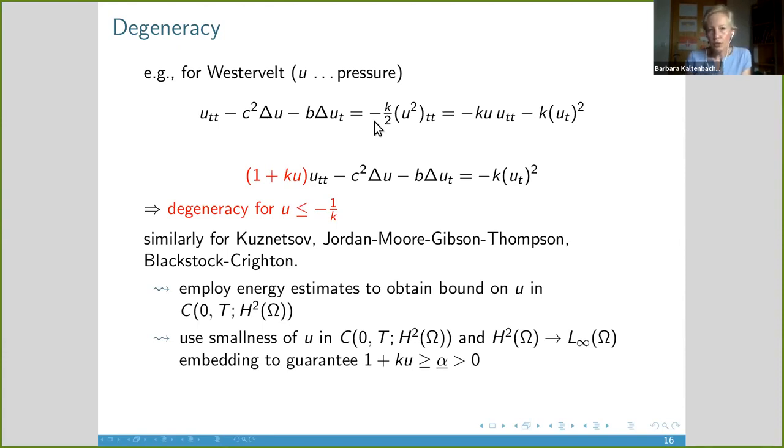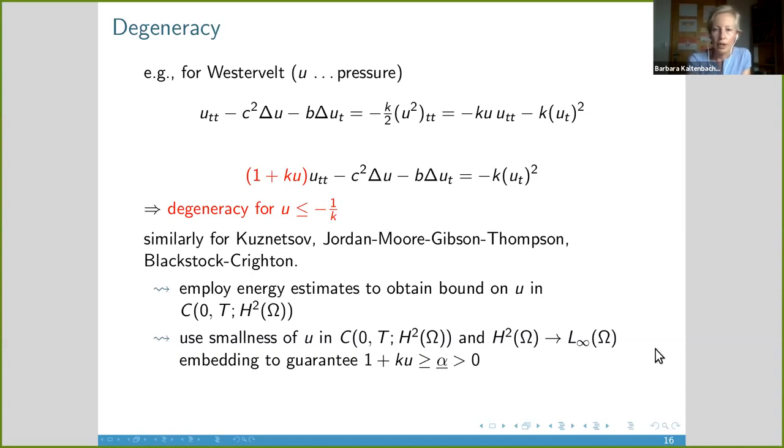So our first approach to this was to employ energy estimates using the fact that we have this nice strong damping term here. By using appropriate multipliers, one can get a bound on the H2 norm of u with respect to space and continuous with respect to time. And using the embedding of H2 of omega into L infinity, one gets an L infinity bound on u.